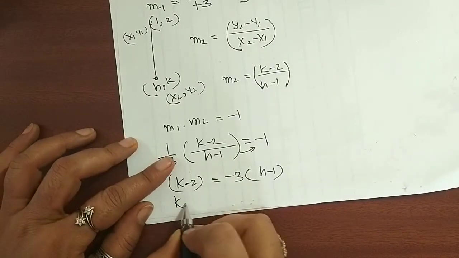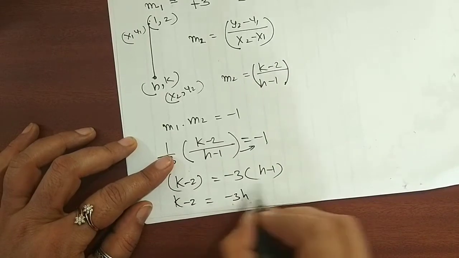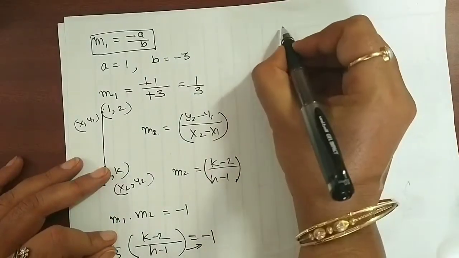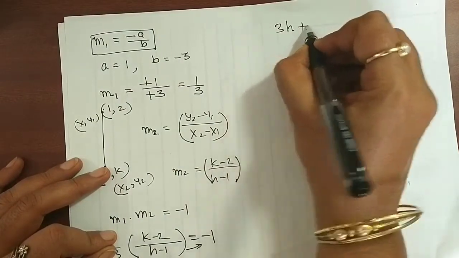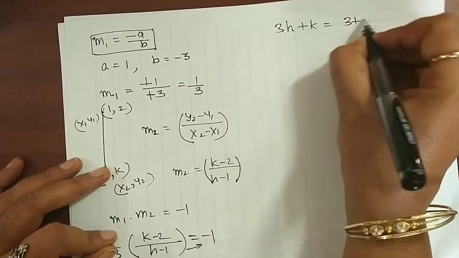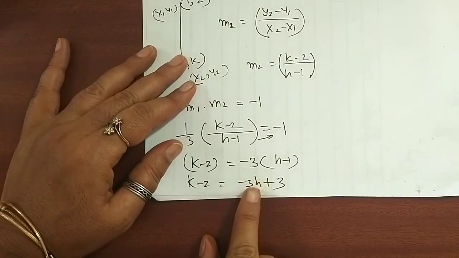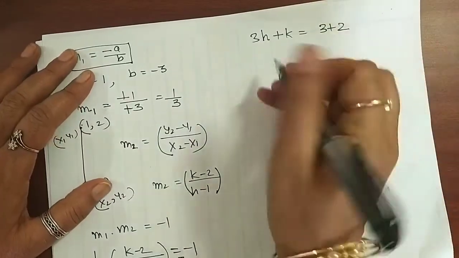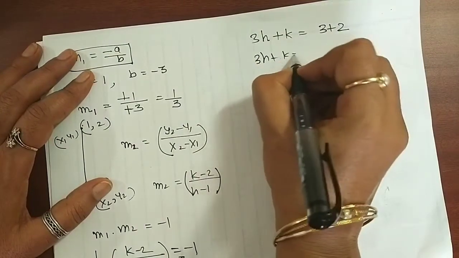So k minus 2 is minus 3h plus 3. If I simplify, it is 3h plus k is 3 plus 2. I am taking 3h here and 2 there. So this is my equation, 3h plus k is 5.